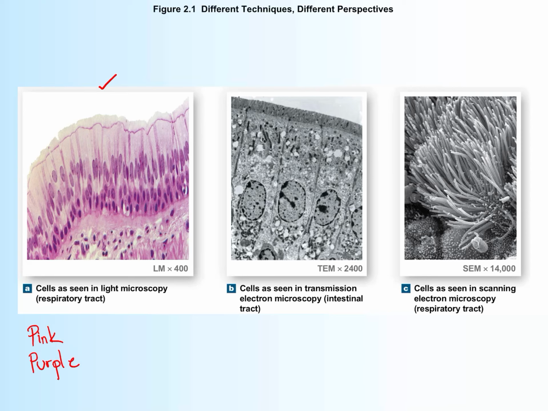The pink is called eosin, that's the stain name, and the purple is hematoxylin. You don't really need to know those words, but those are the names of the stains. Then you can see the transmission electron microscope image, and the scanning electron microscope image. These are all images you'll see over and over again in your textbook.